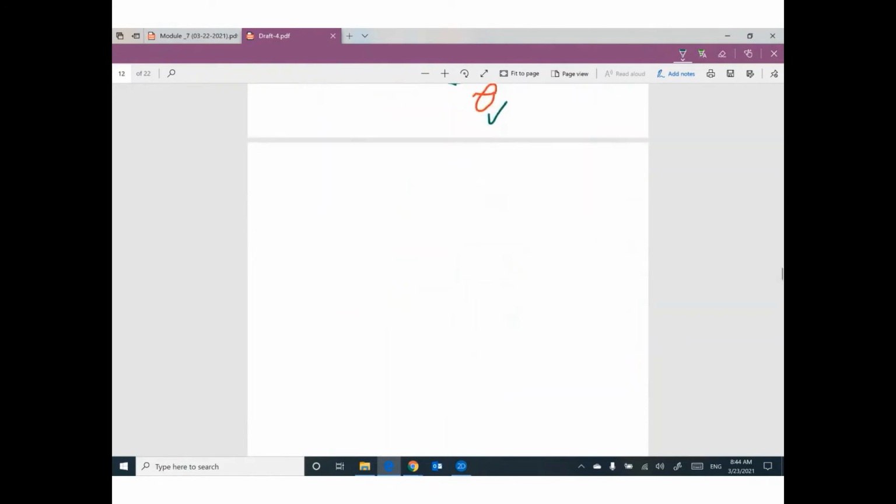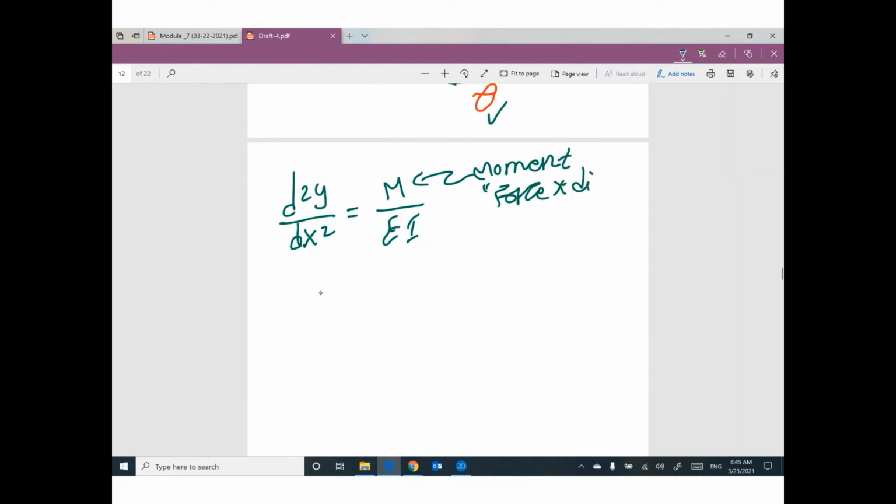One more thing. The second derivative of y related to x, Bernoulli expression said, equals M divided by EI. I understand what is the meaning of moment. We learned it before. Moment means force times distance. But anybody can tell me what is the meaning of E? What is the meaning of I? You guys are junior students right now in spring semester.